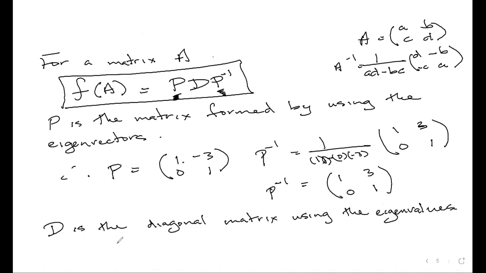In this particular case, it is a diagonal matrix where you replace whatever A is with lambda 1 and lambda 2 in the matrix.